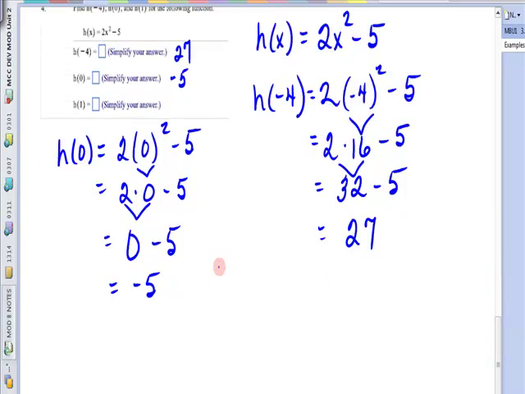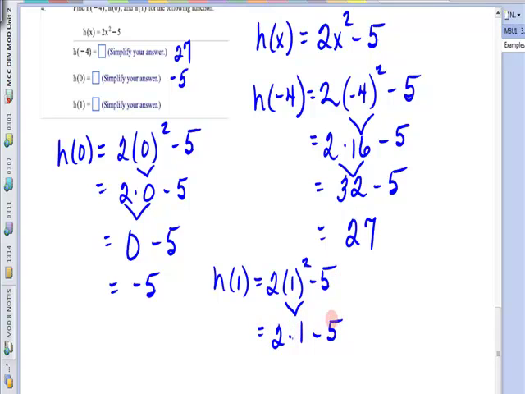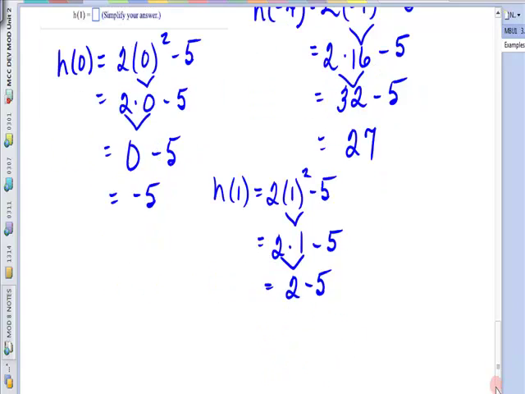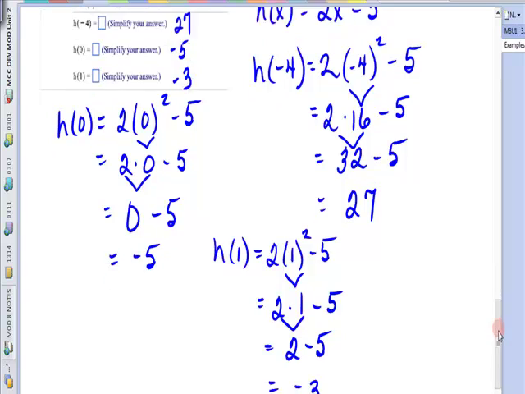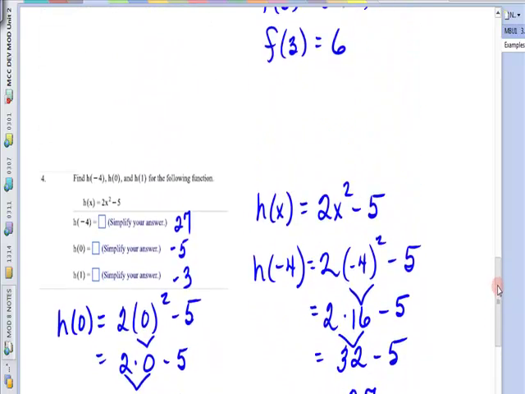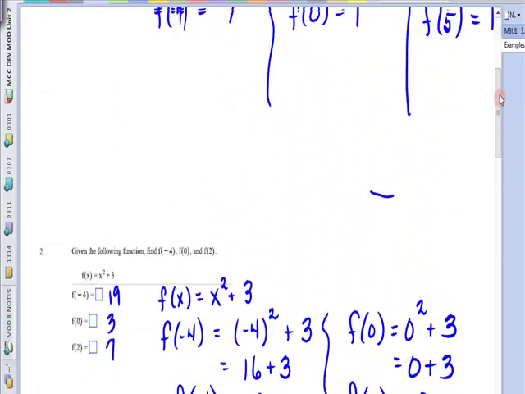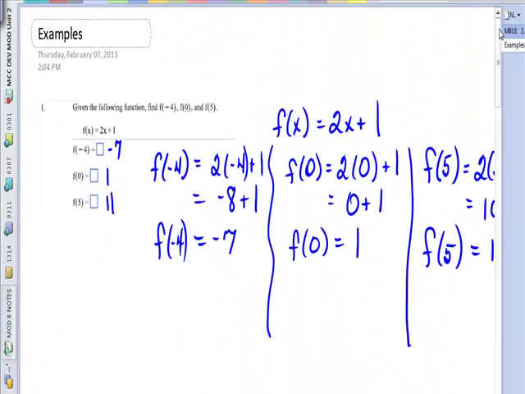Finally, if I do the last one, h of 1 is 2 times 1 squared minus 5. Exponents first, 2 times 1 minus 5. Multiplication, 2 minus 5. So h of 1 is -3. Okay, so that is function notation. It is plugging in the x's and calculating their corresponding y values.